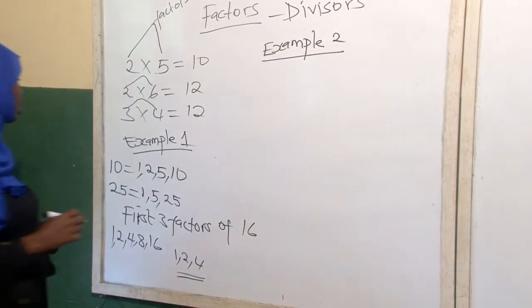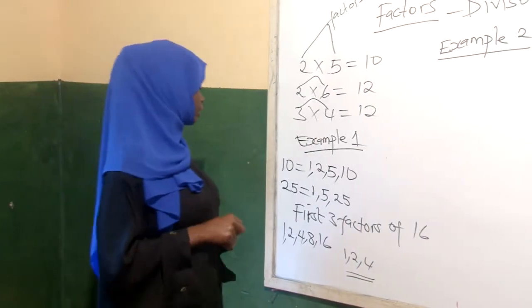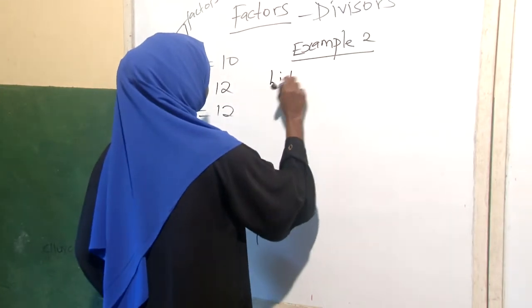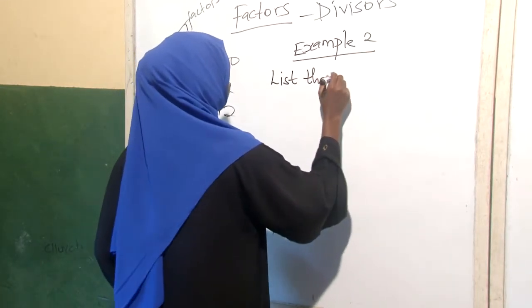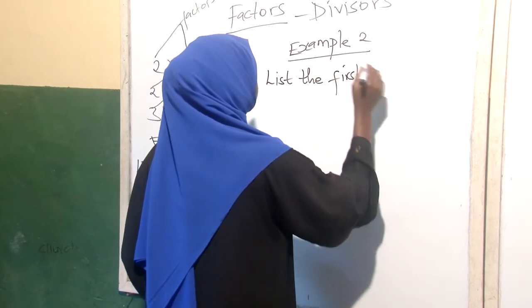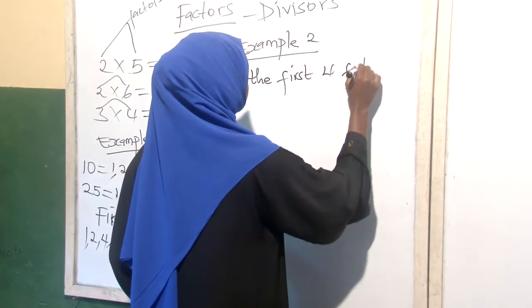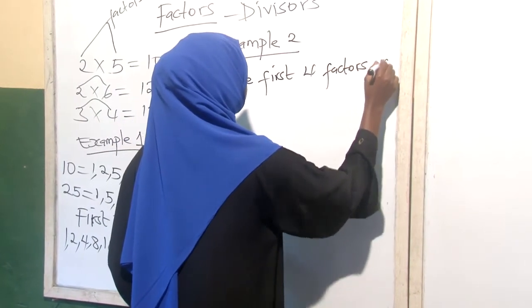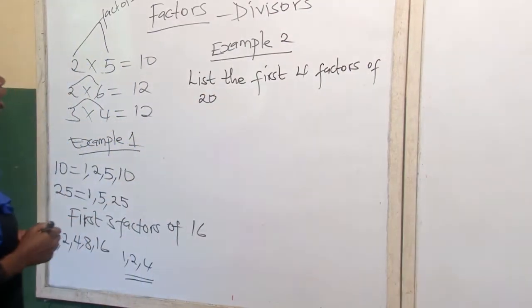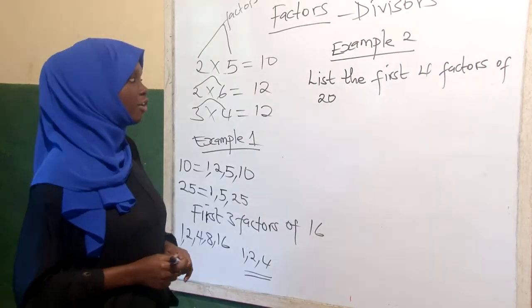And in our second example, you are told to list the first 4 factors of 20.